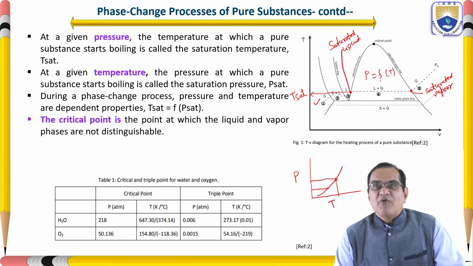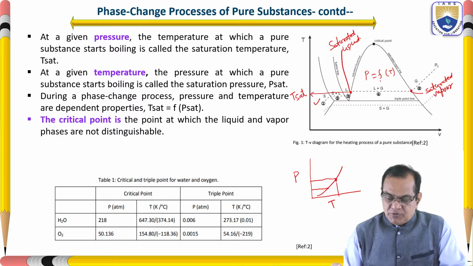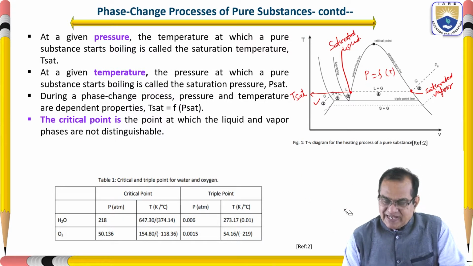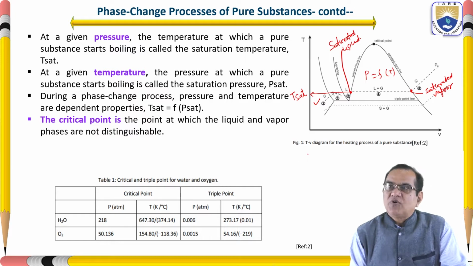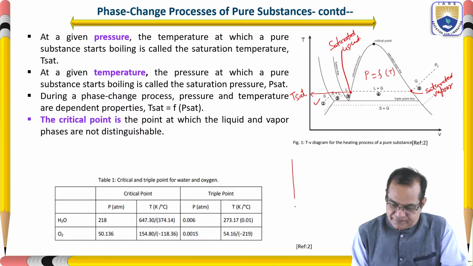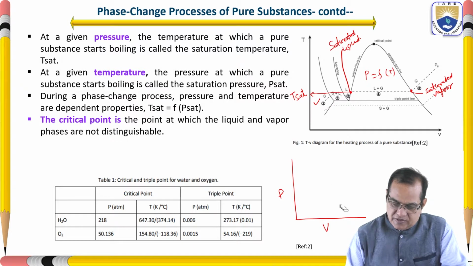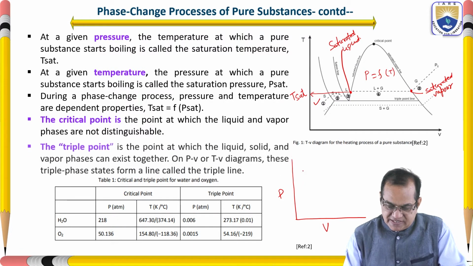The critical point is the point at which the liquid and vapor phases are not distinguishable. Suppose we have a PV diagram like this.